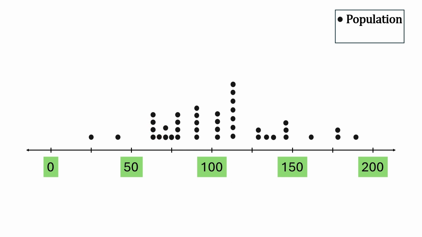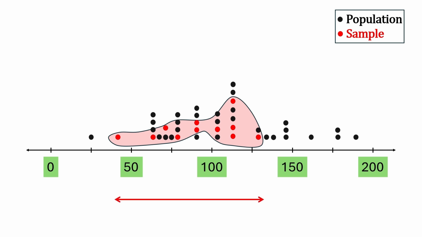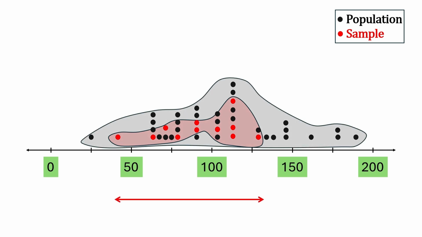Okay, where each of these black circles represents the individual height values of the students. Now let's randomly draw a sample. The red dots represent the sample data points. You can see the spread of the sample is this much, whereas the spread of the population is this much. So we can clearly see that there is a difference between the spread of the sample and the spread of the population.